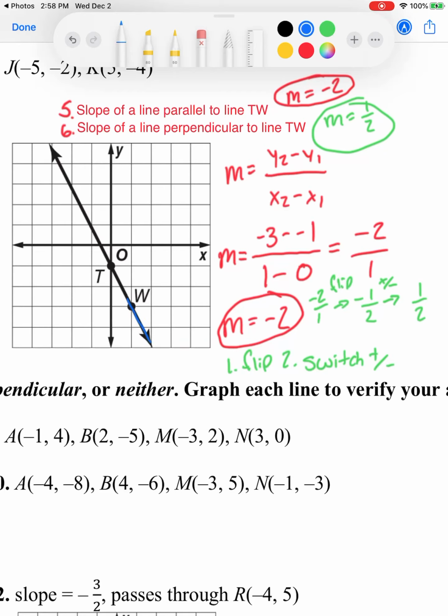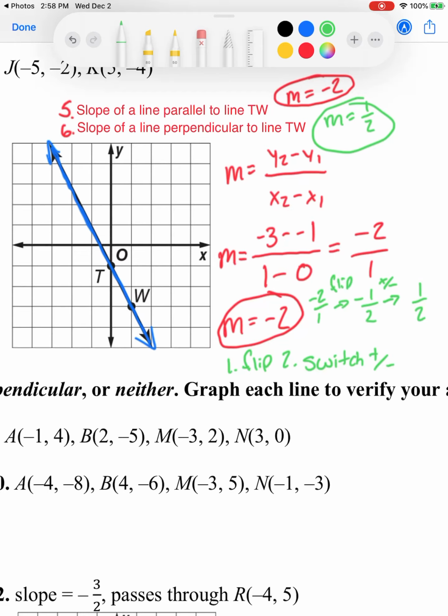So anyway, the slope of our line TW, which I'm going to highlight in blue here, is negative 2. So it goes down 2 and to the right 1. Now the slope of our perpendicular line has to be flipped and then made negative.